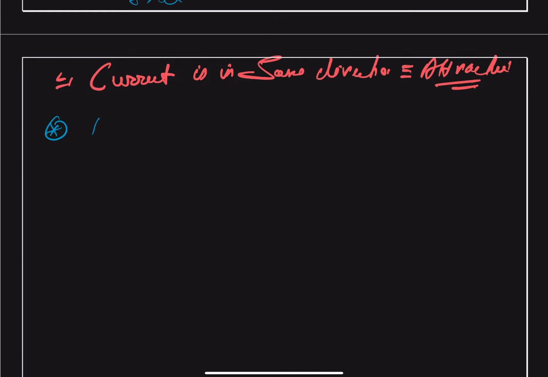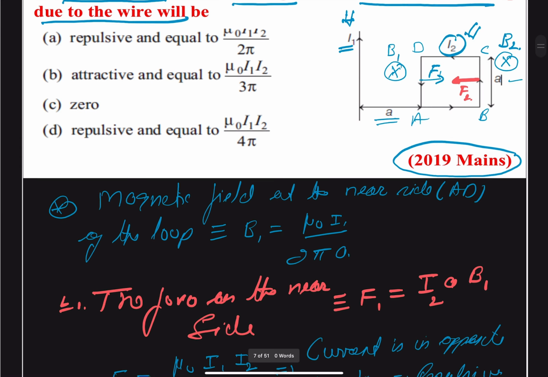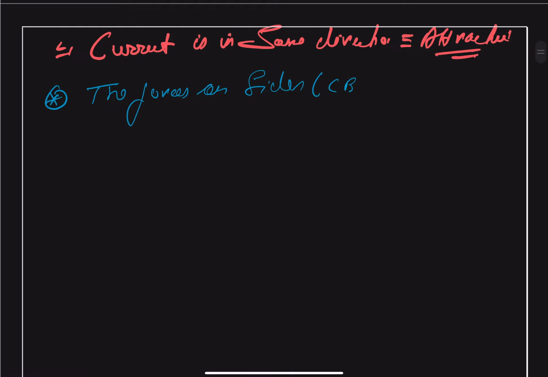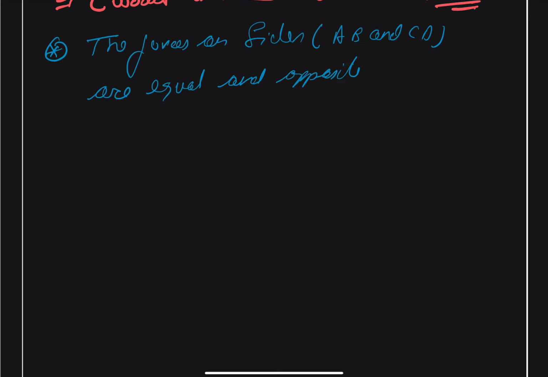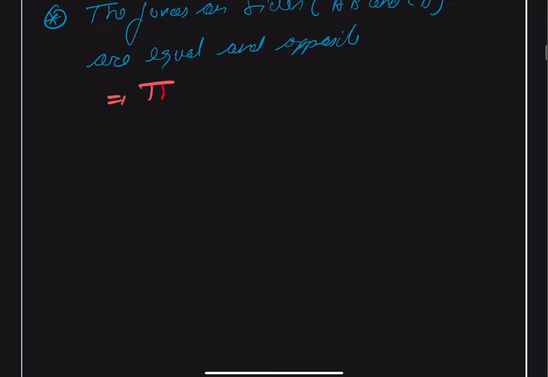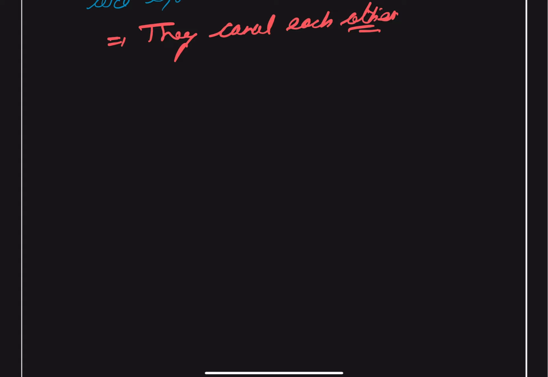So we can say the forces on sides AB and CD are equal and opposite. Therefore, they cancel each other.